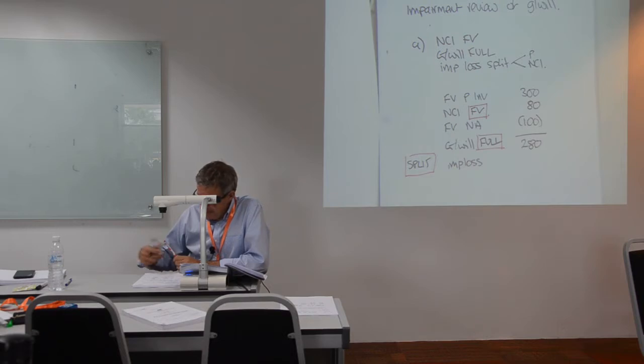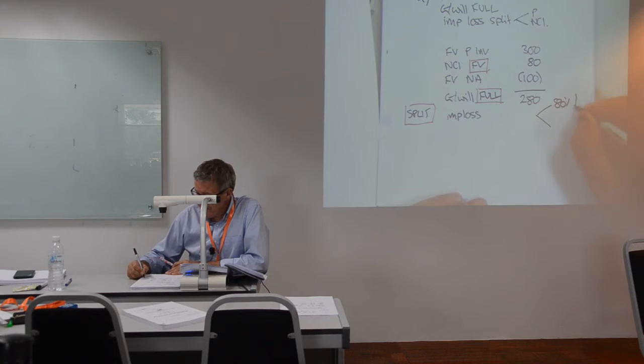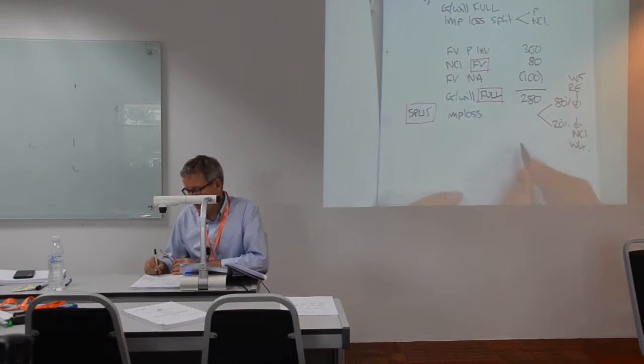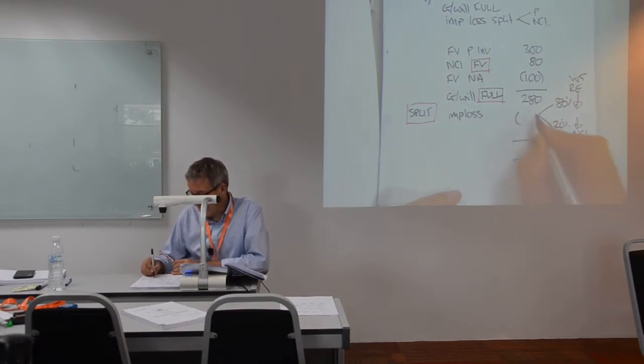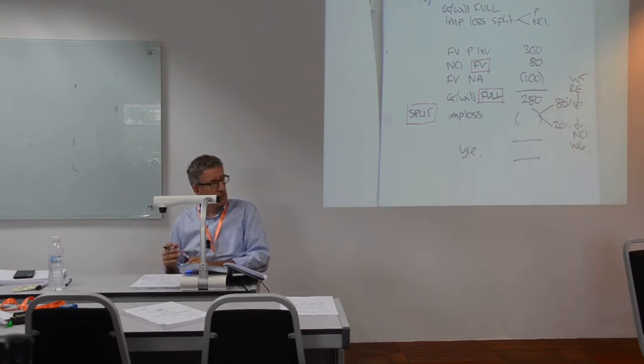So whatever impairment loss we get, 80% of that would be a negative so far as retained earnings are concerned in working 5, and 20% of that would be charged to the NCI in working 4. This would then give me my year-end figure that will be going on the balance sheet.